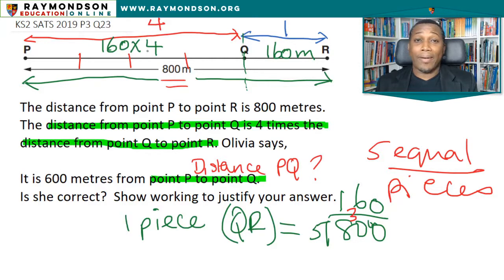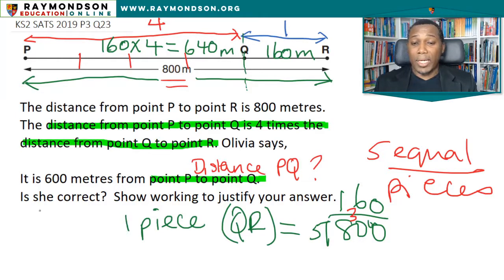And we ain't going to get 600, are we? 16 doubled is 32, doubled again is 64. So 16 times 4 is 64. 160 times 4 is 640. PQ is 640 meters, not 600.